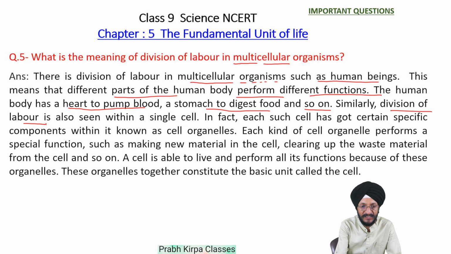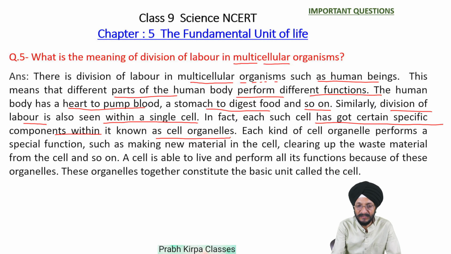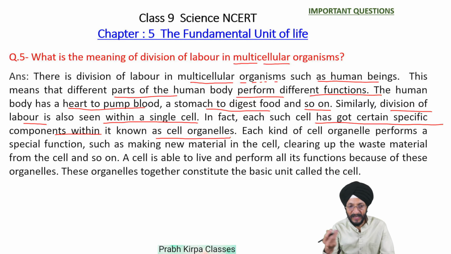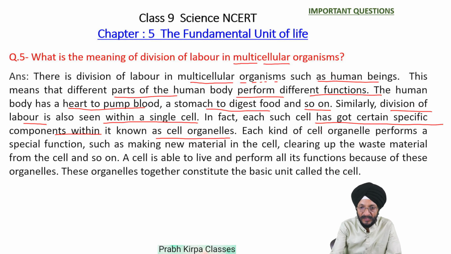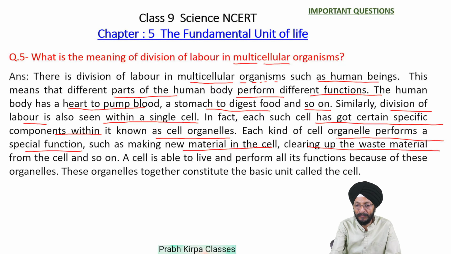Similarly, division of labor is also seen within a single cell. Each cell has certain specific components which are known as cell organelles. As you know, the cell organelles are mitochondria, lysosomes, ribosomes, Golgi apparatus, vacuoles, etc. Each kind of cell organelle performs a special function, such as making new material in the cell, clearing up waste material from the cell, and so on.